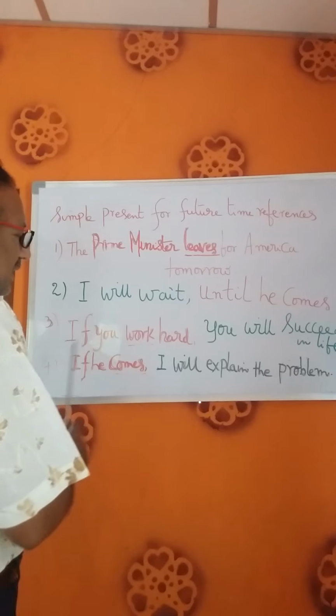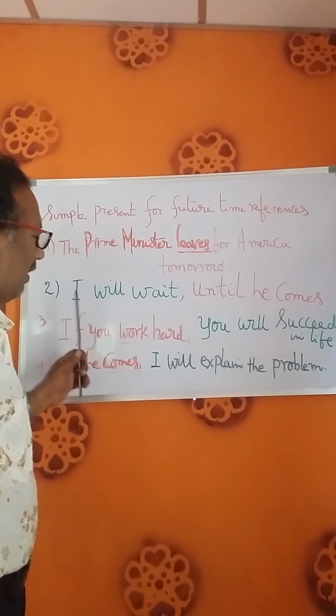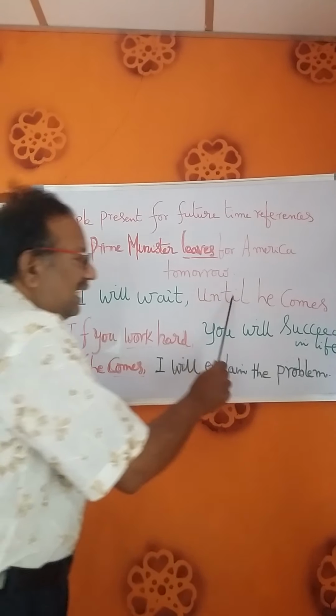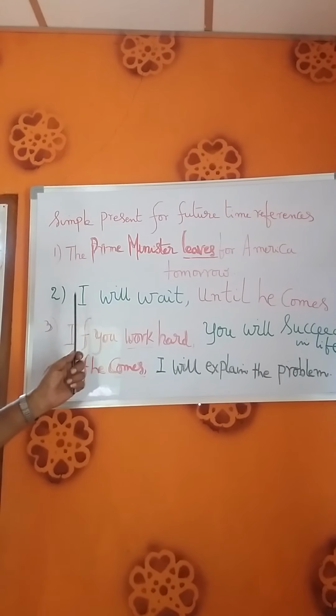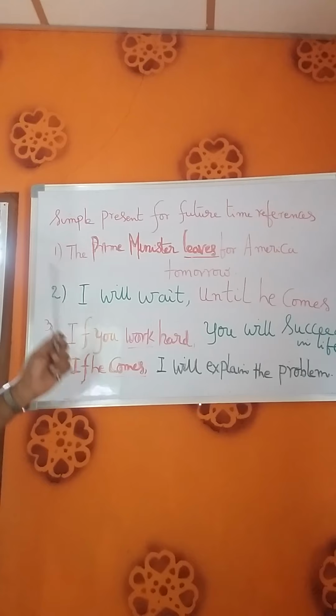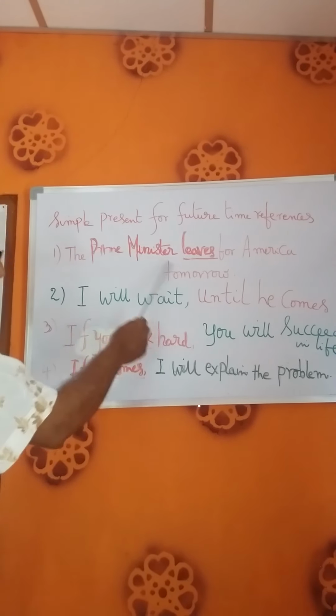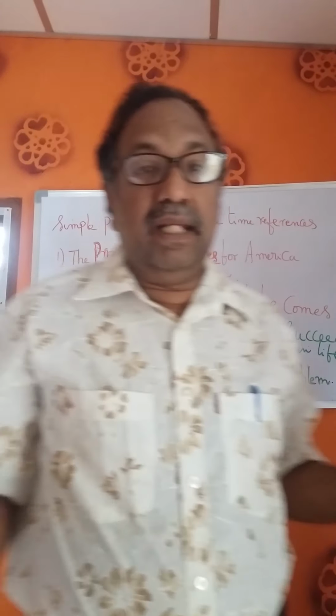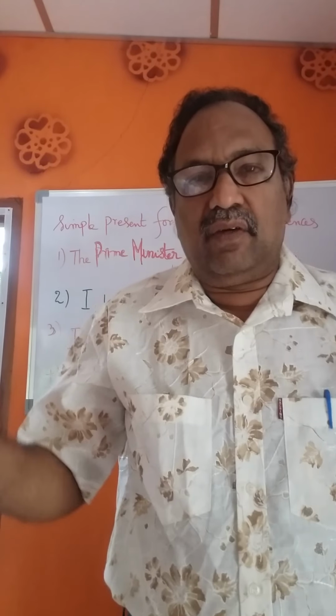Here I will wait is in green because it is considered to be in the simple future. I will wait until he comes. Here there is a time reference. He may come in a few minutes, he may come tomorrow, or he may come in a week, but I will wait for him. This is the meaning of the sentence.